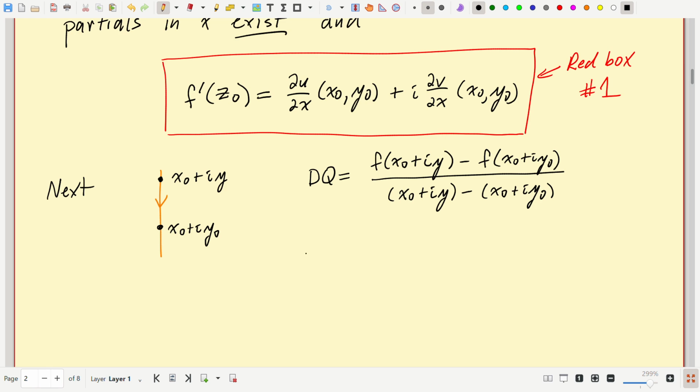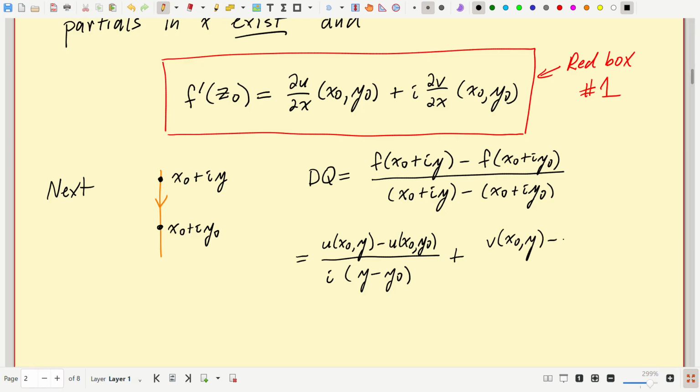When you play the game, you'll get u of x naught y minus u of x naught y naught. But in the denominator, I get i times y minus y naught. So that's something totally different than the other side. And notice in the next one, the i's are going to cancel, and I'll get v of x naught y minus v of x naught y naught divided by y minus y naught.